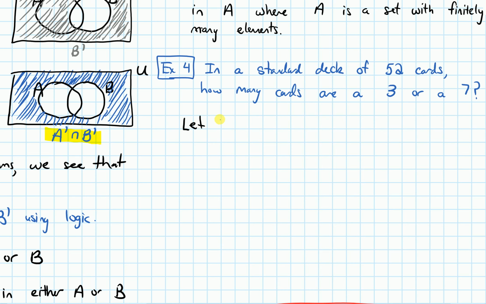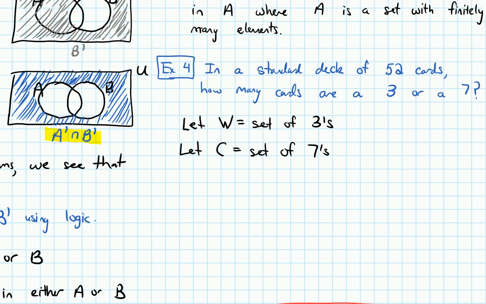I'm going to let W be the set of 3s, and I'm going to let C be the set of 7s in this standard deck of 52, but it doesn't really matter what I call them. So if I wanted to call the first set A and the second set B, that's fine, but I just want to call them something.